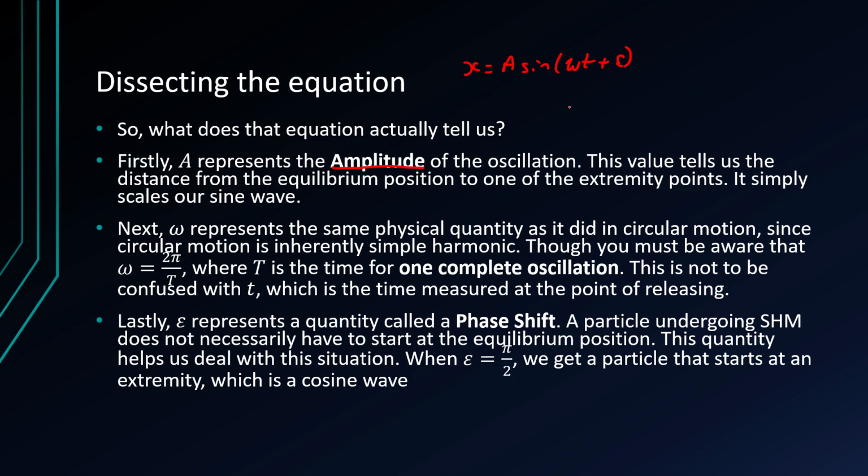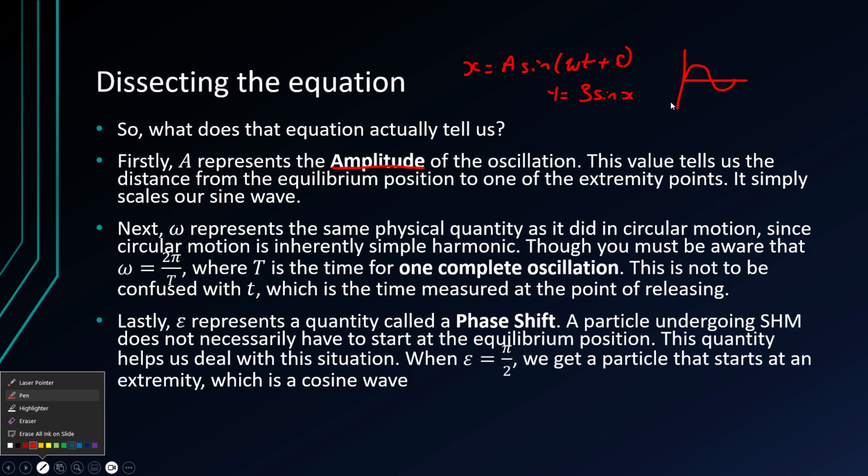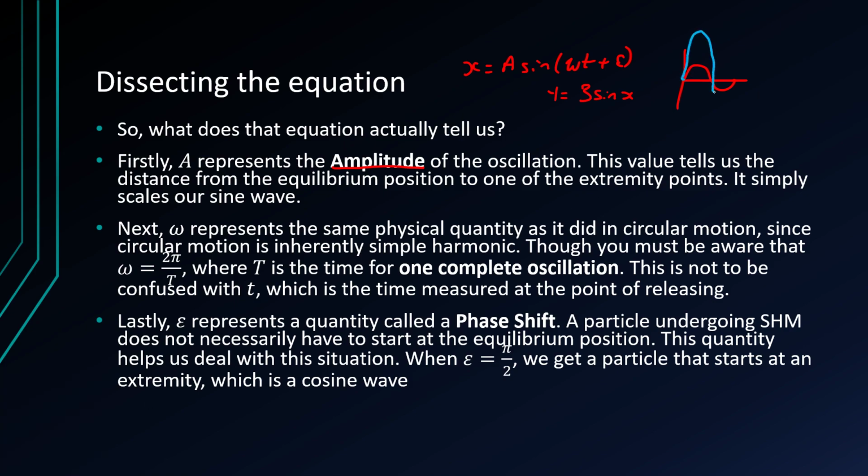If you remember from normal maths, if you have y equals 3 sine x, it's going to oscillate. This is your normal sine wave, and I'll get a new sine wave in blue. This will now be 3 times higher, but at the same time 3 times lower. So this is going to be your 3 sine x up here.